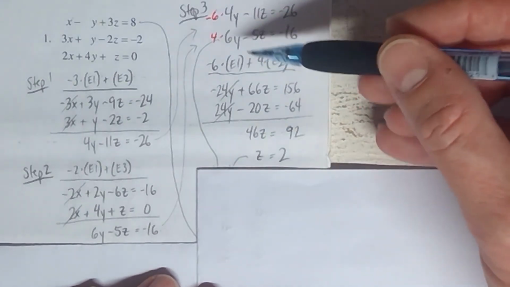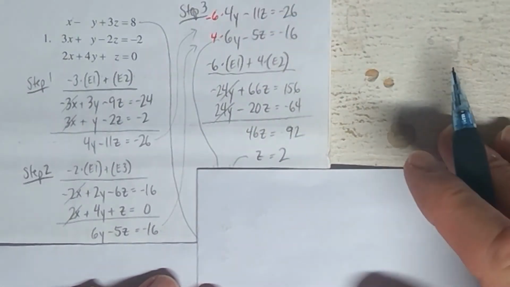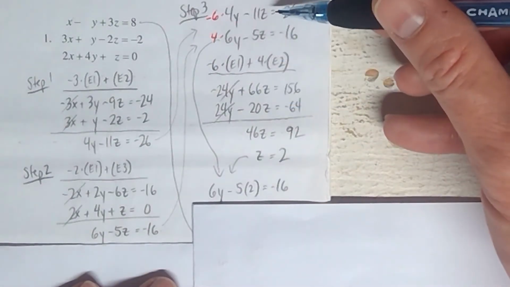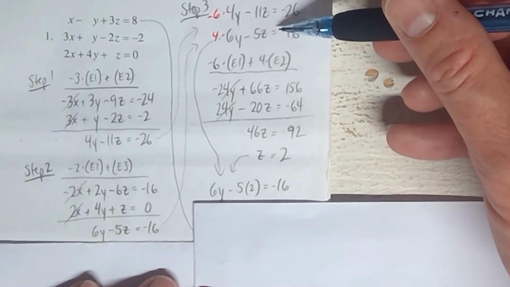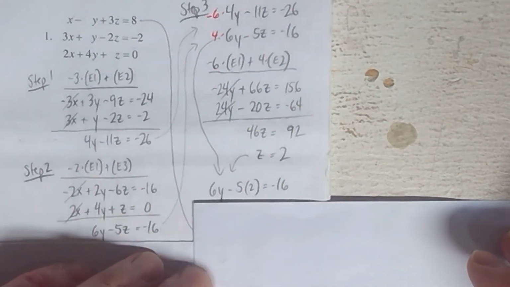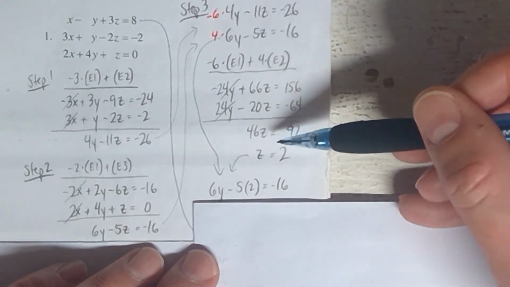I then need to solve for the other variable in this step 3 situation, which is y. And so that means I go back and plug it into any equation in step 3 that has both variables in it. Remember, it's got to have both variables in it so you can solve for the other variable, just like we've learned in 3.1, when you've got the 2 variable systems that you're solving.